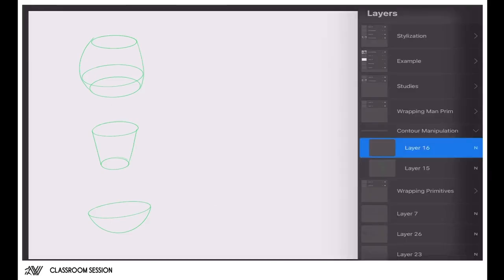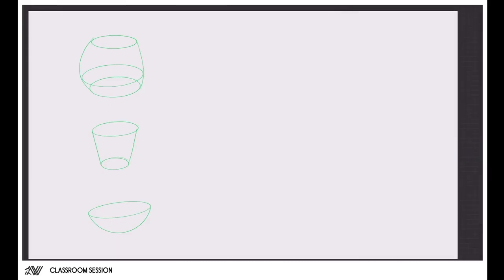With the contour manipulation, what you're basically going to try and do this week is first just try a straight cylinder. For instance, if we have a straight cylinder, I'm just going to use some Procreate sheets. A straight cylinder like this.